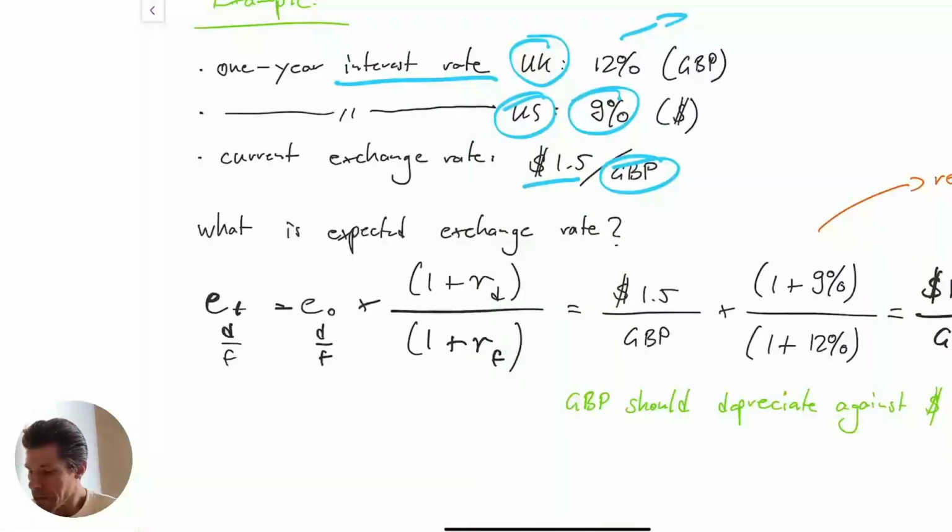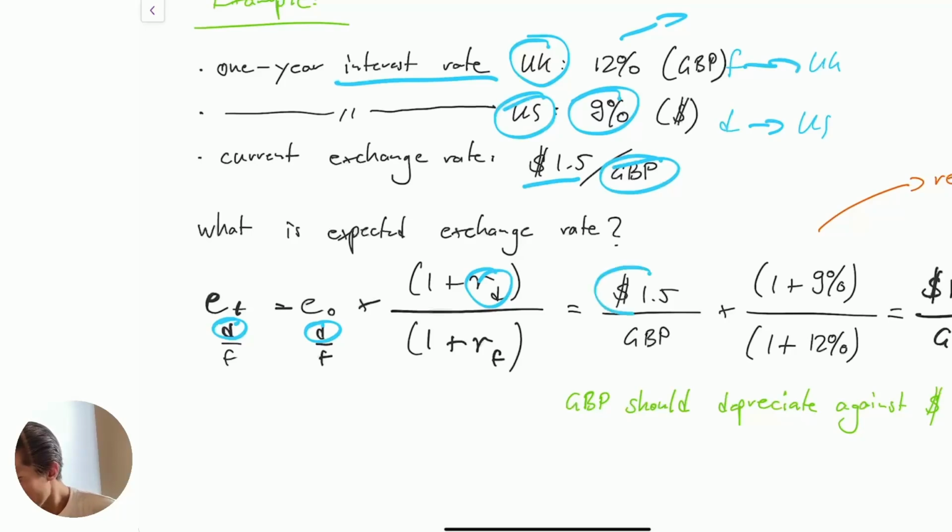In our example, D is the US, and F is the other way around: the UK is F, and the US is D. So everything related to the US we put in the numerator.